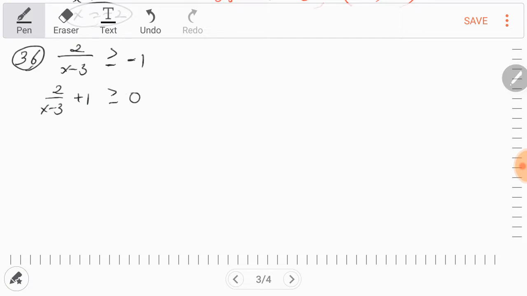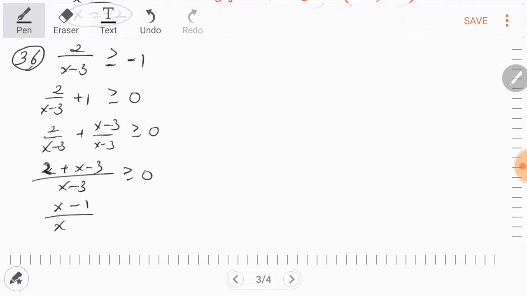And then let's combine these two. 2 over x minus 3 plus 1, with x minus 3 as the denominator, then the numerator is 2 plus x minus 3 over x minus 3. We are just rewriting the inequality. Then x minus 1 over x minus 3 is greater than or equal to 0. So finally, this original inequality became this.